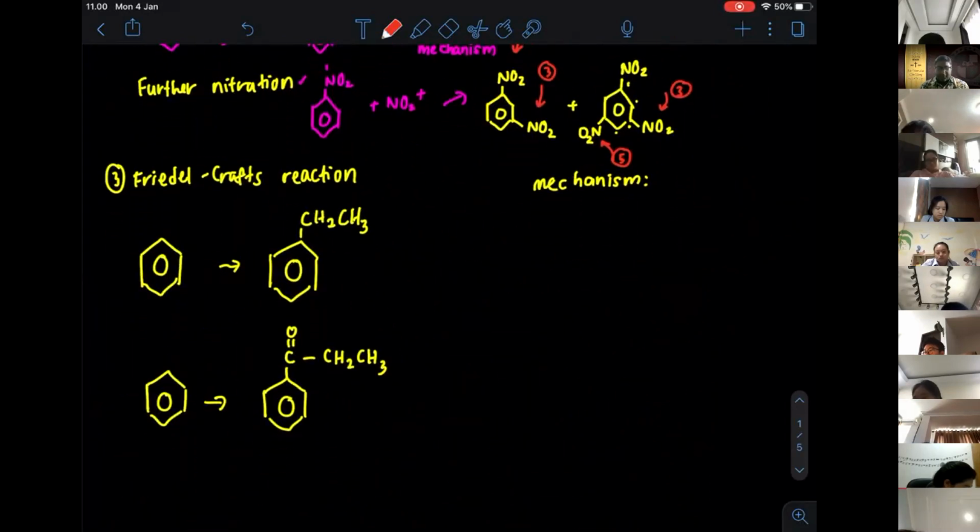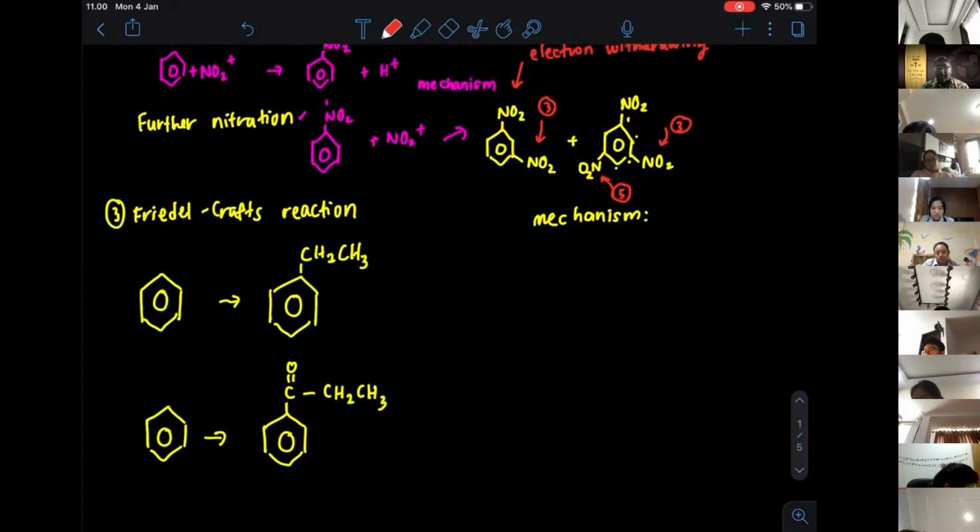Now if I move on further, of course I wrote over here mechanism. I think the mechanism is important for all. But I want to discuss the mechanism for the Friedel-Crafts reaction, which is basically the same electrophilic substitution reaction.